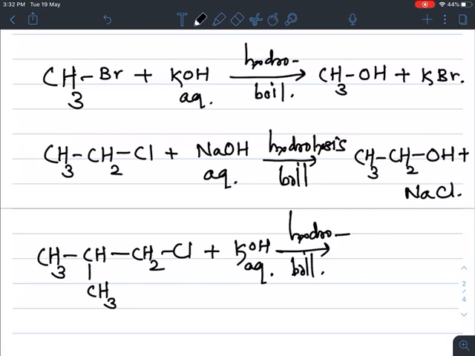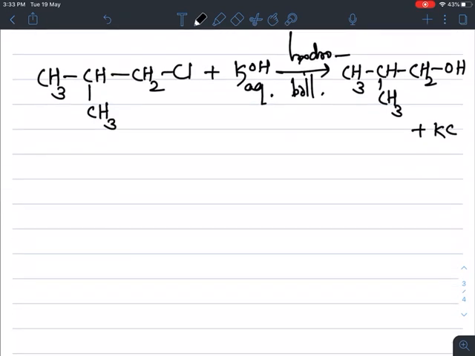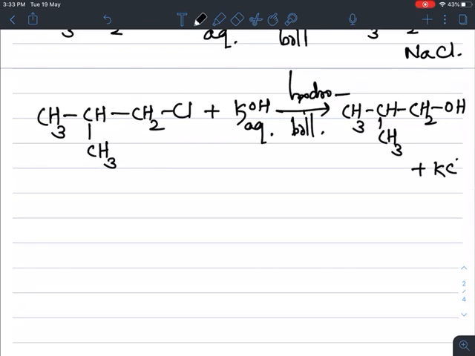After boiling, what do we get as the product? The Cl is replaced by the OH, and this one-step SN2 reaction mechanism takes place, and we get CH3CH2OH plus the byproduct. What is the byproduct? KCl.